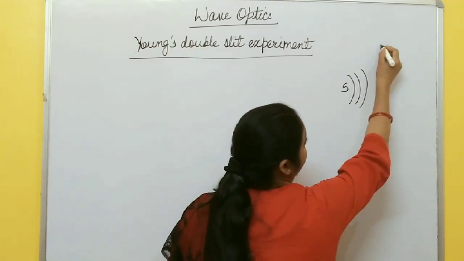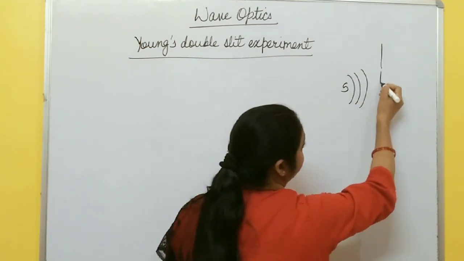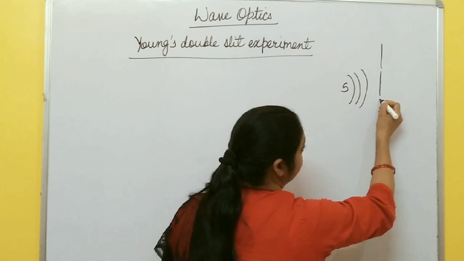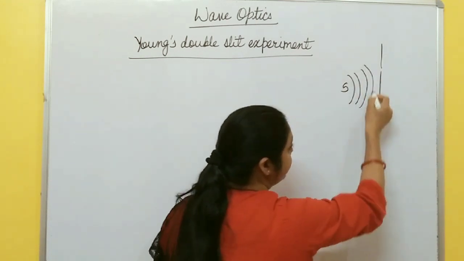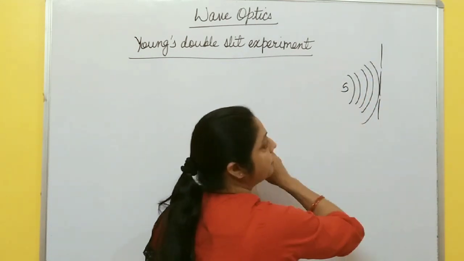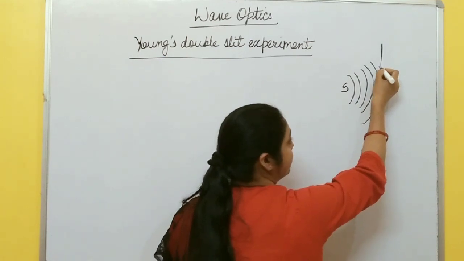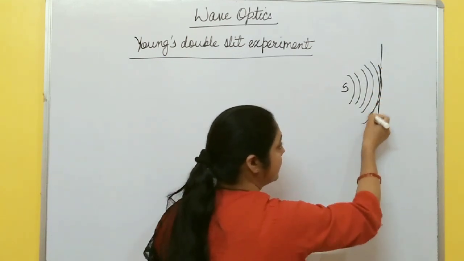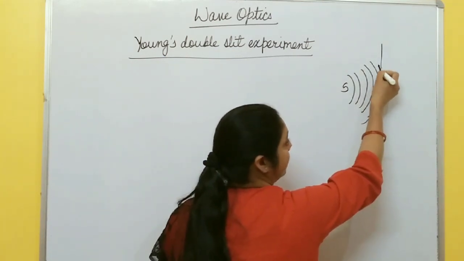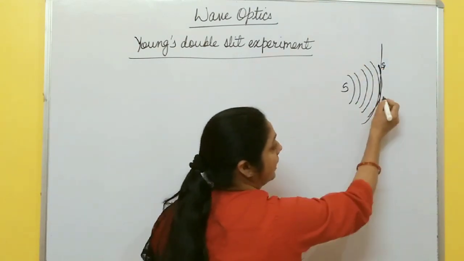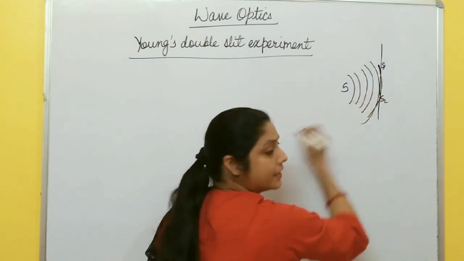Again, we take two slits in front of this wavefront. When this wavefront reaches these two points, some part reaches here at S1 and some part reaches here at S2.